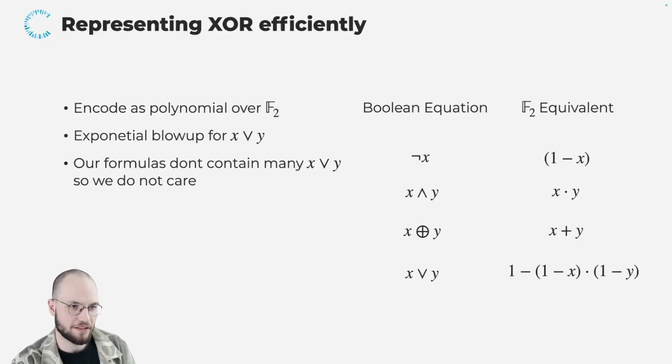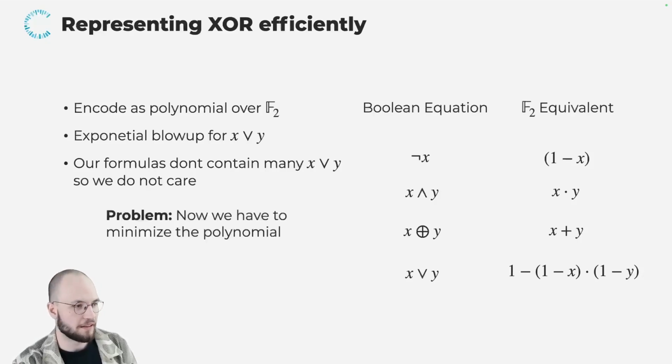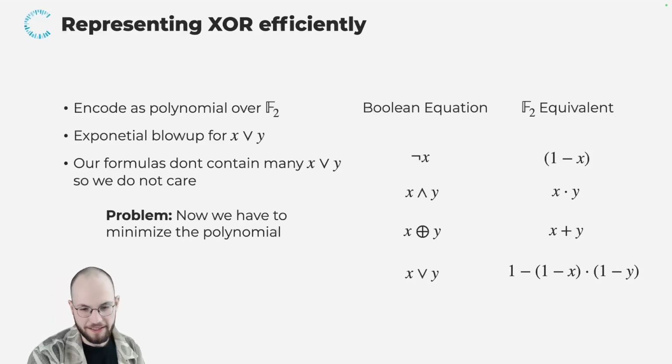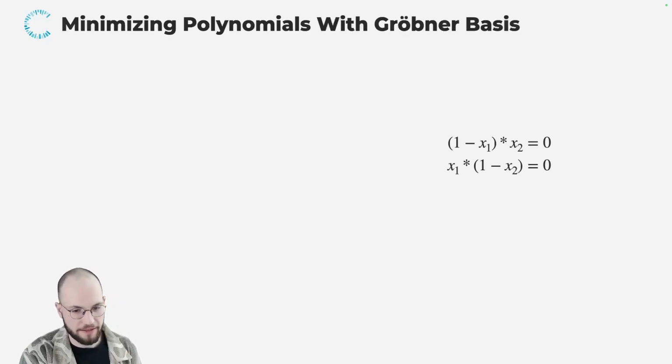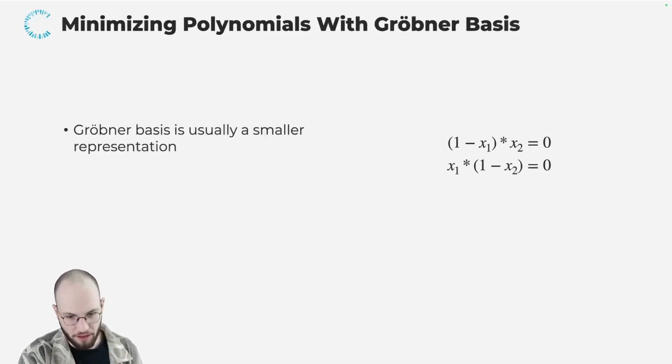So we basically exchange the exponential blow-up in one part of the formula for an exponential blow-up in the other part of the formula, but now we still have to minimize the polynomial. And this is basically where our new approach starts. We found that minimizing this polynomial by computing a Gröbner basis usually yields a smaller representation.